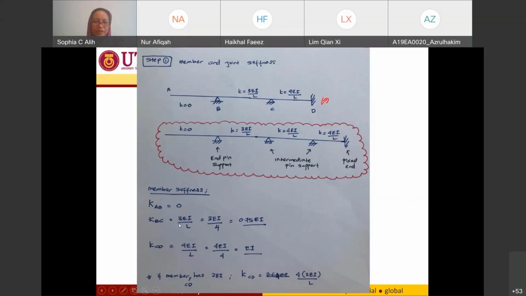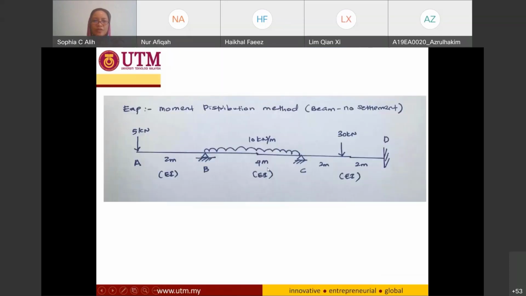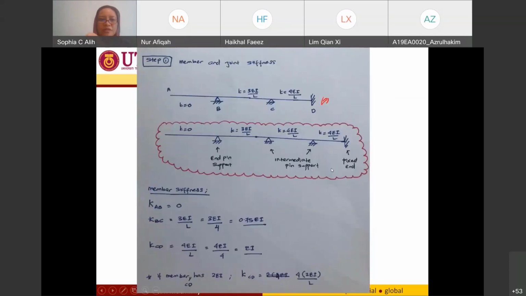Now, for KBC, 3EI over L, L is 4 meters, right? So this is 2 meters, 4 meters, and 4 meters. This is why we have 3EI over L, and this value is equal to 0.75EI.